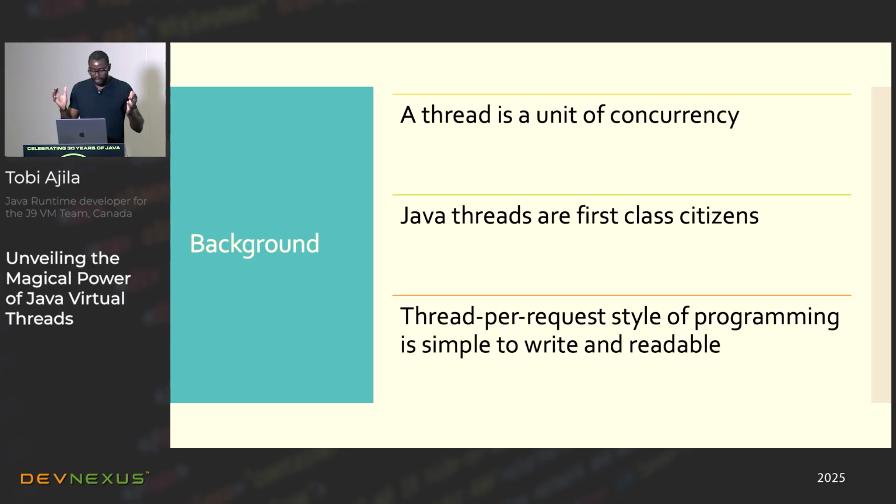As you probably all know from your OS class, a thread is a unit of concurrency. On multi-threaded systems, you can use threads to express concurrent or parallel computations. This helps you make the most use of your CPU resources and increase your CPU utilization.